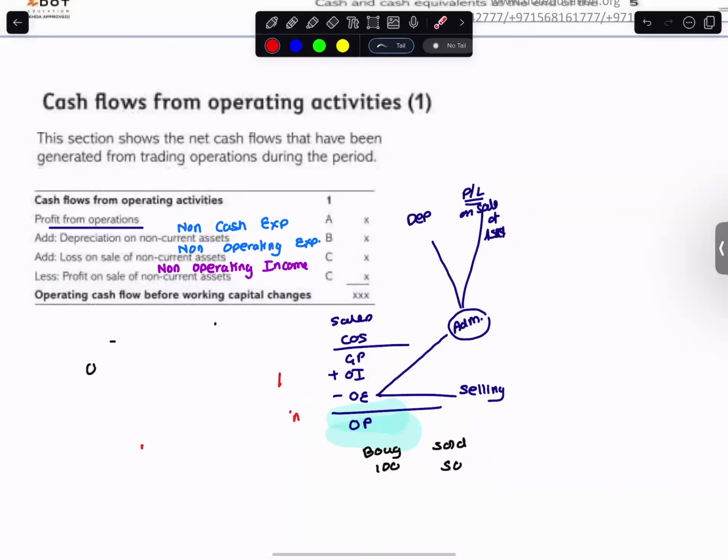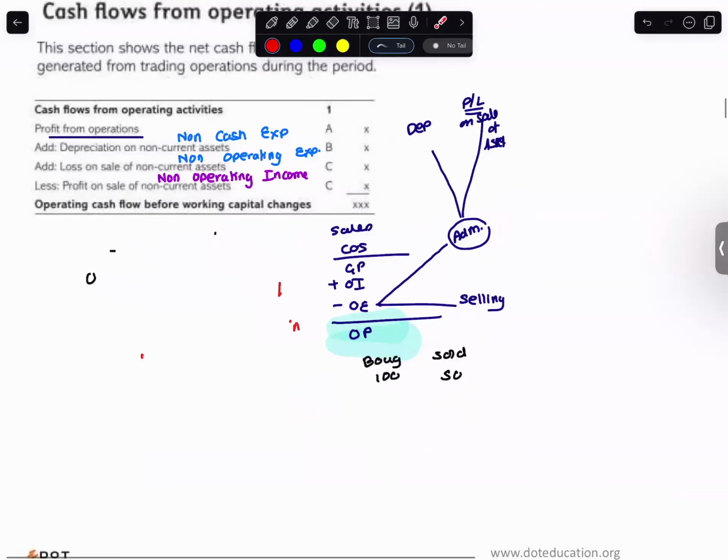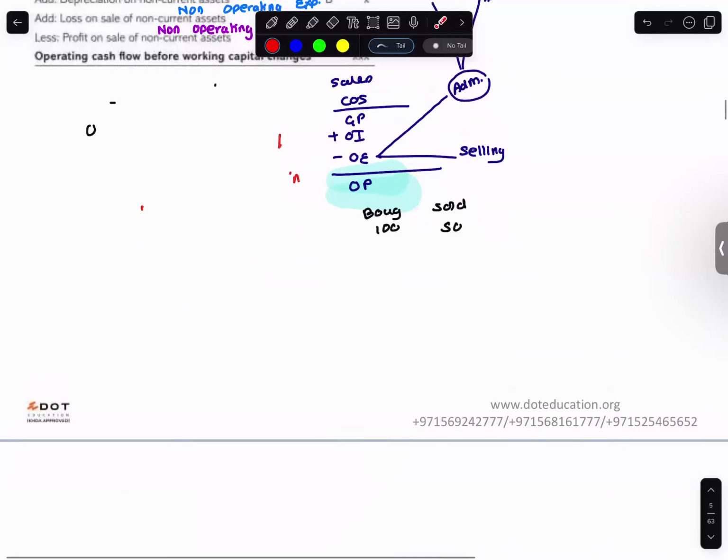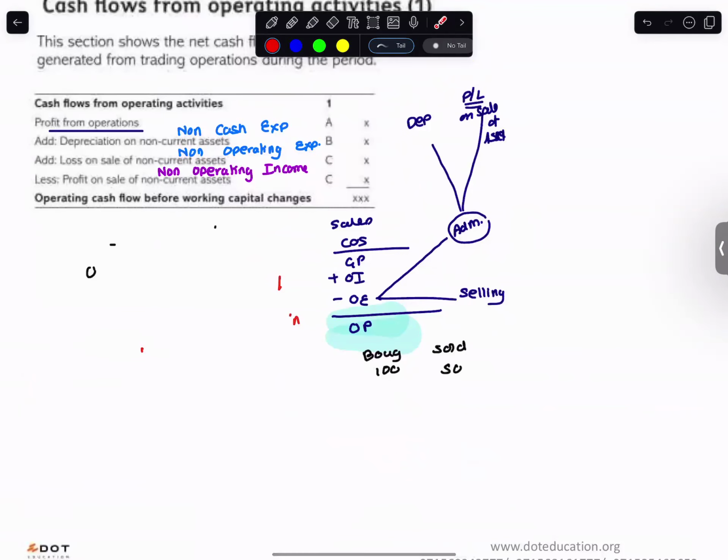Can you give me the format of the cash flow from operating activities before the changes in working capital? You get your operating profit, which is profit before interest and tax. From that, you have to add and subtract things that do not affect your cash flow.